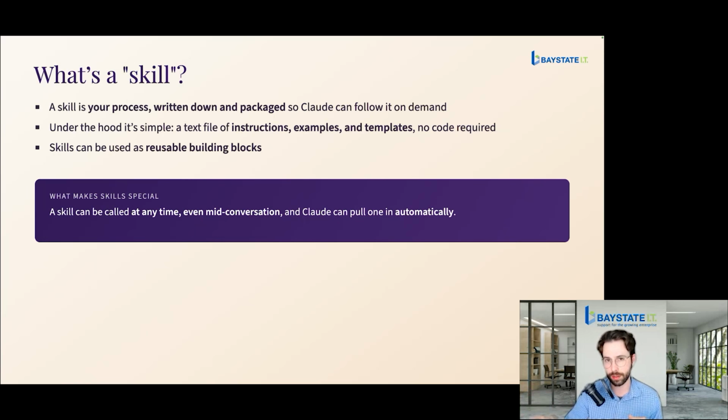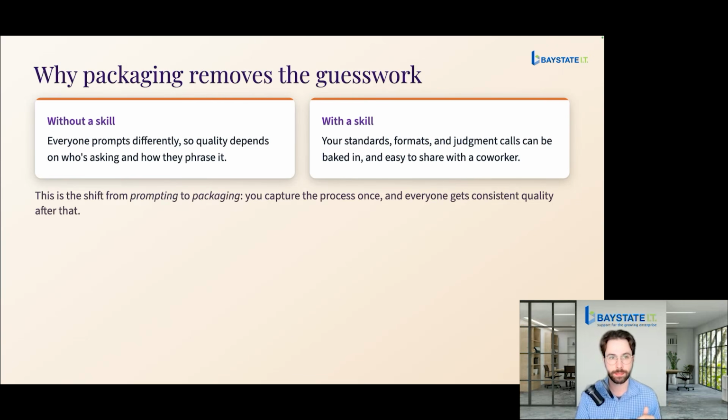Effective use of your context window, minimizing cost. In fact, just last week, I think OpenAI reduced the cost of their cheapest model by 80%, which is fascinating and very interesting, but optimizing cost with language models will be another discussion. Just know that skills can be a very important part of that. And they're just text files, so they can be used at any time, even mid-conversation, and Claude can pull them in automatically.